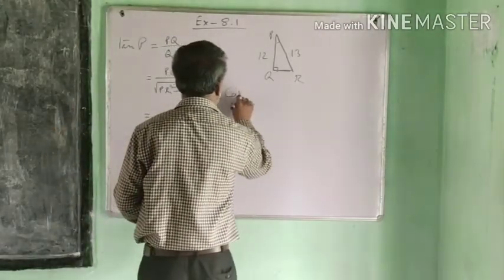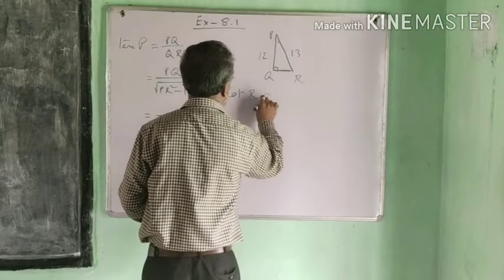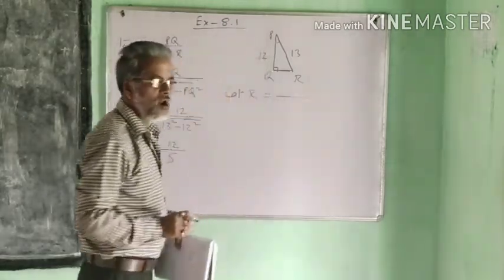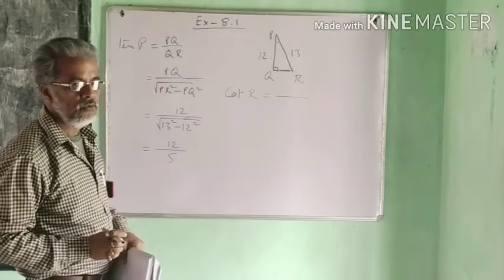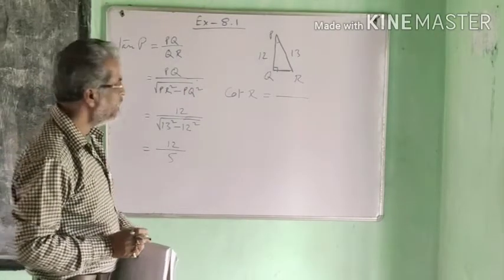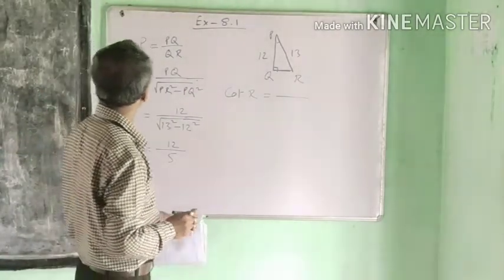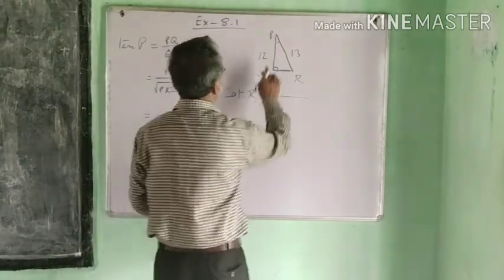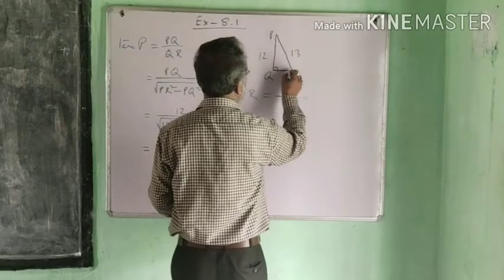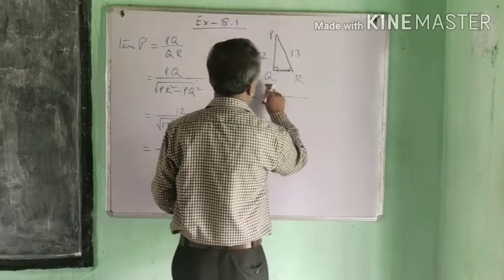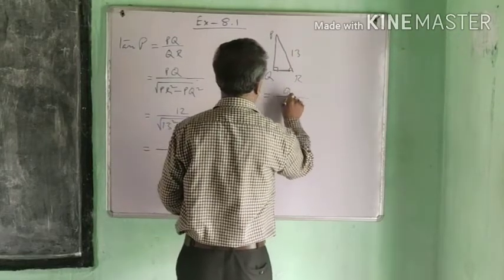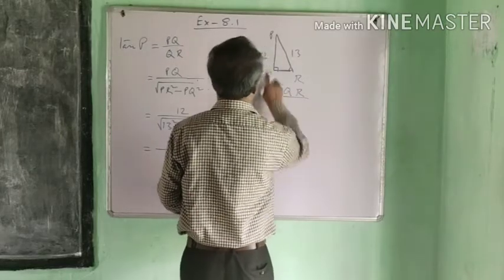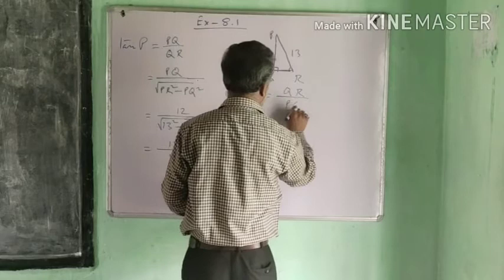Here I am doing it. Cot R. You know the ratio of base to perpendicular. Now, with respect to the angle R, base is QR and PQ is perpendicular.